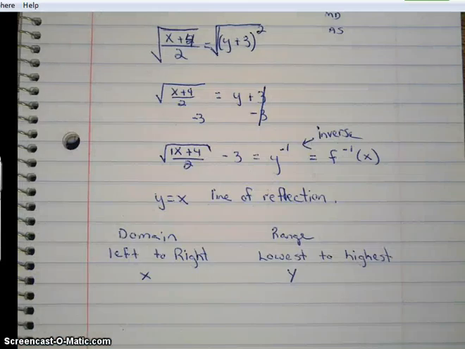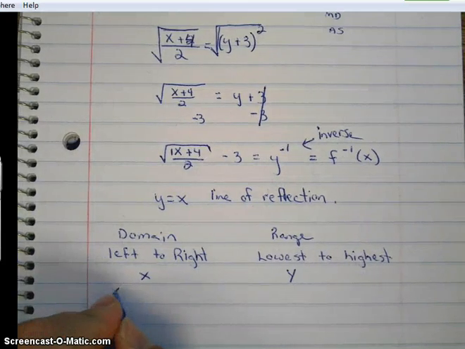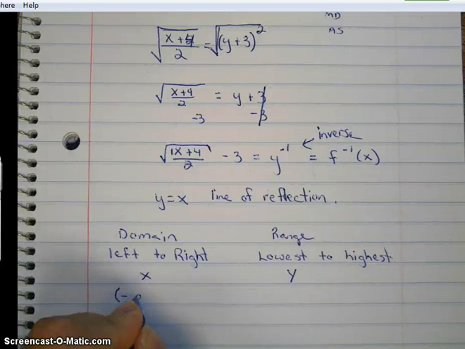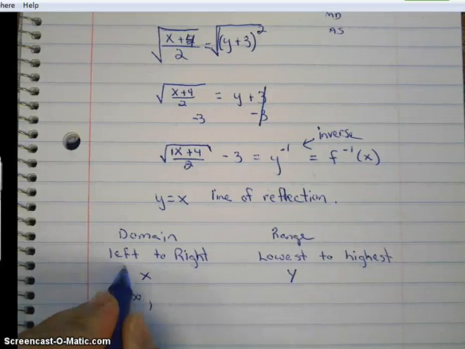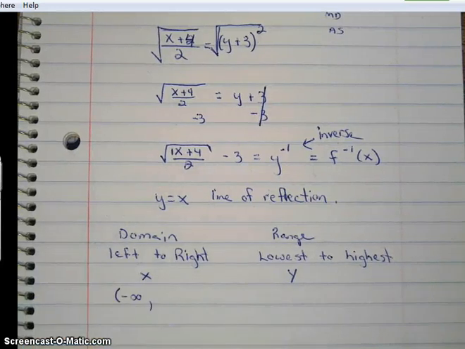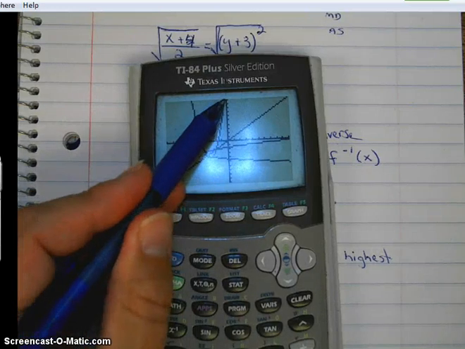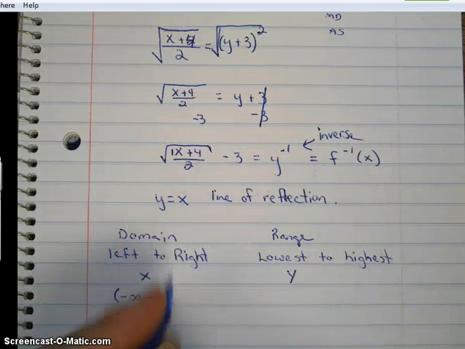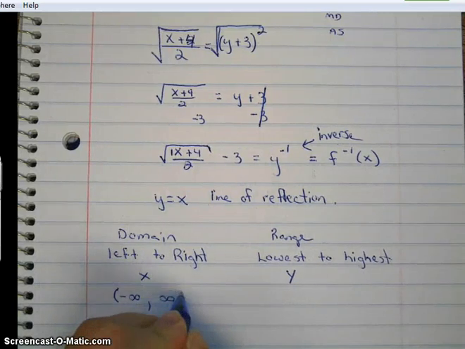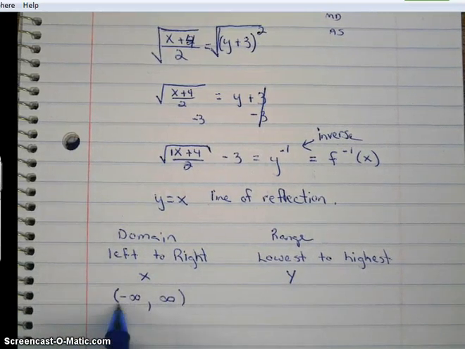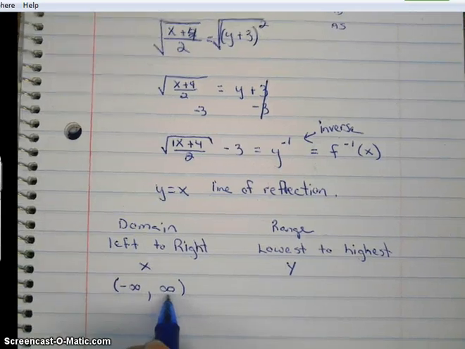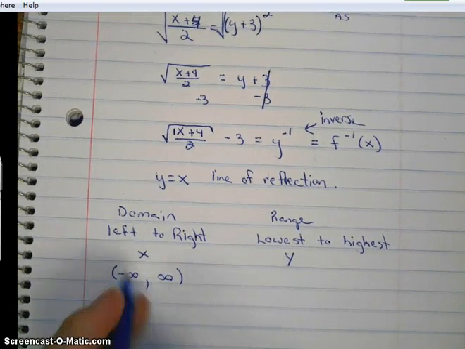So we're going to use interval notation, and we're going to go infinitely to the left, and you're going to go infinitely to the right. And you use parentheses because you can never reach infinity.